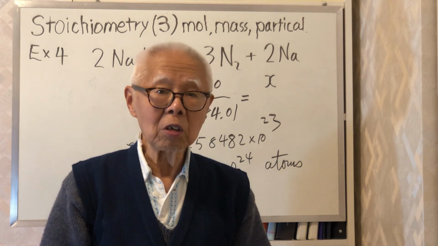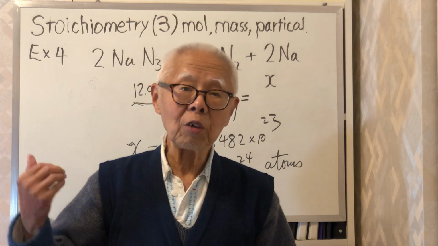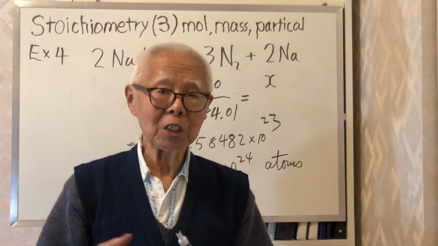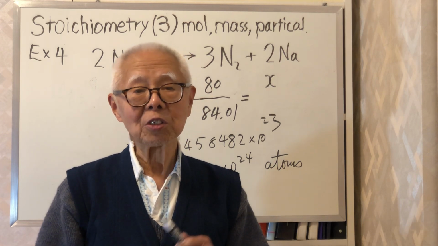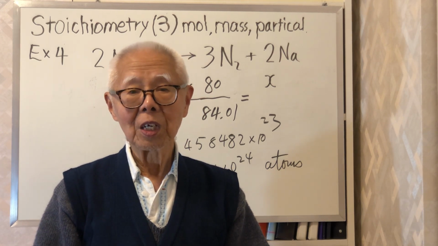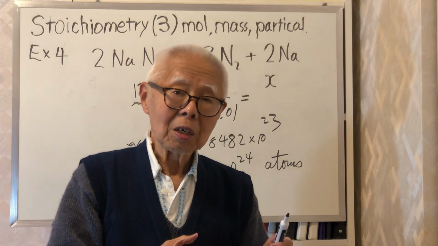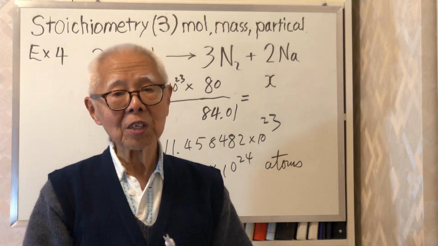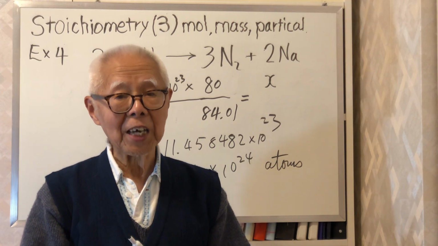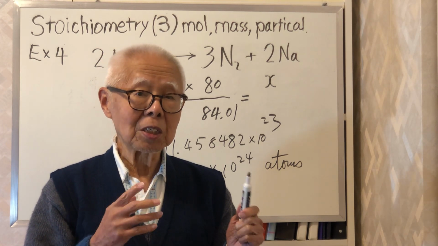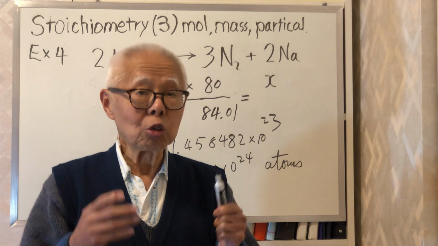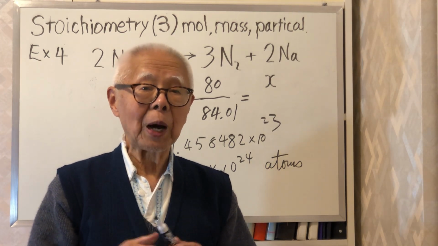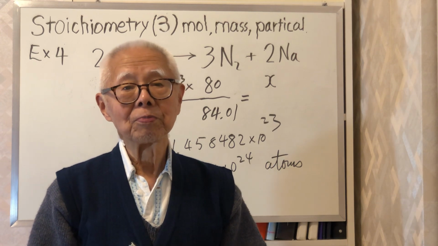If it's mole, then you look at the coefficient before the formula. The coefficient before the formula means the mole. And if you're talking about how many particles, then you look at the number before the formula again, because that's the number of moles, but you want particles, so the number of moles multiply the Avogadro's number.